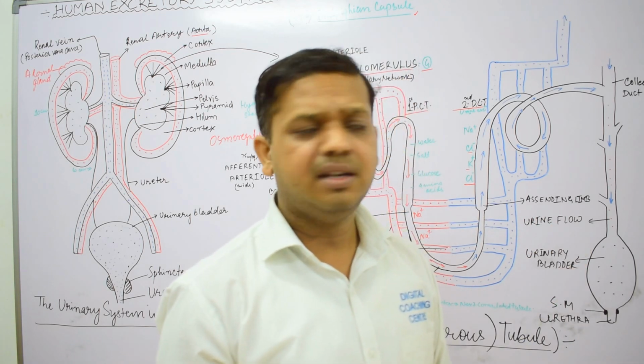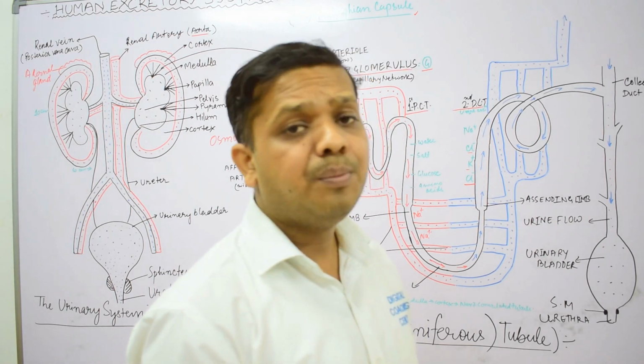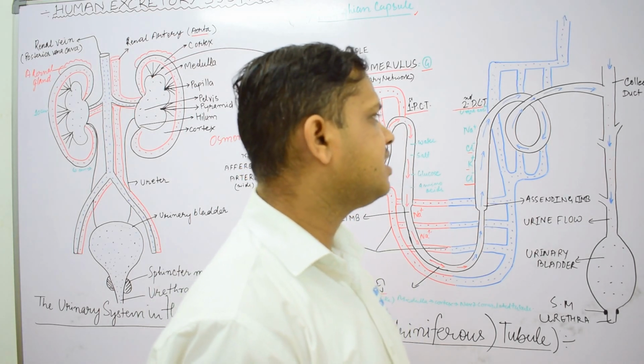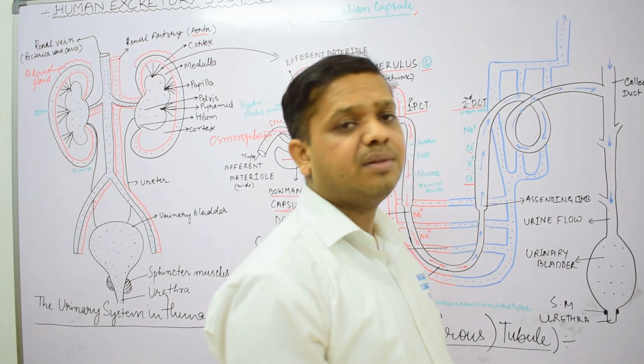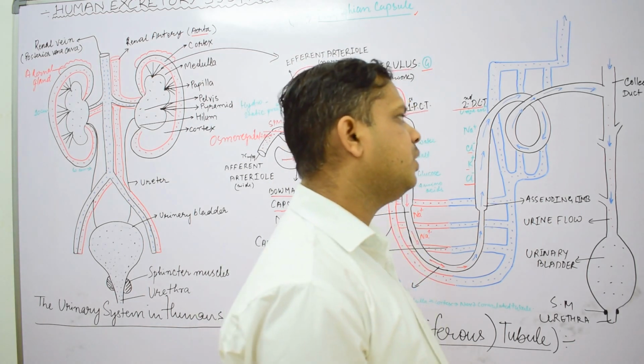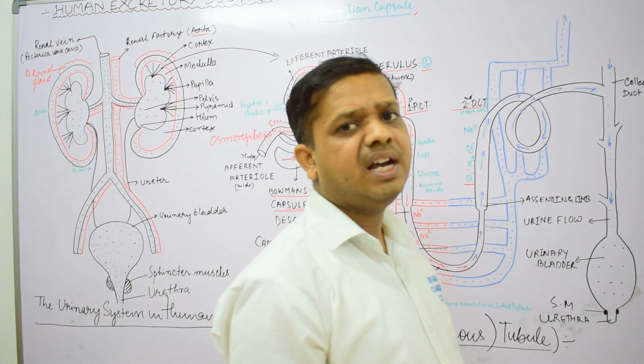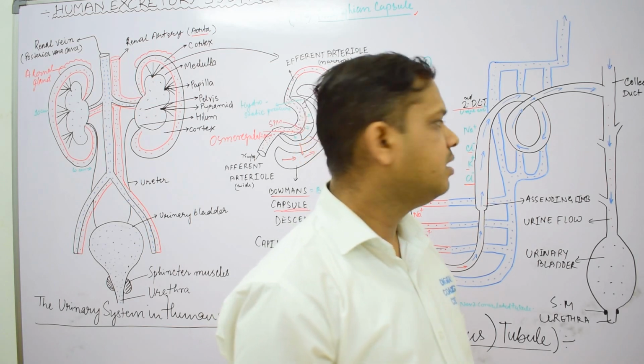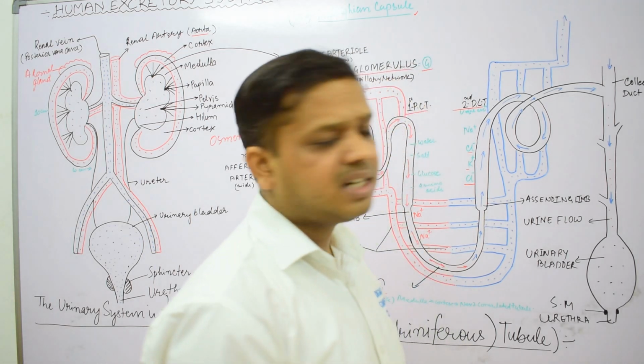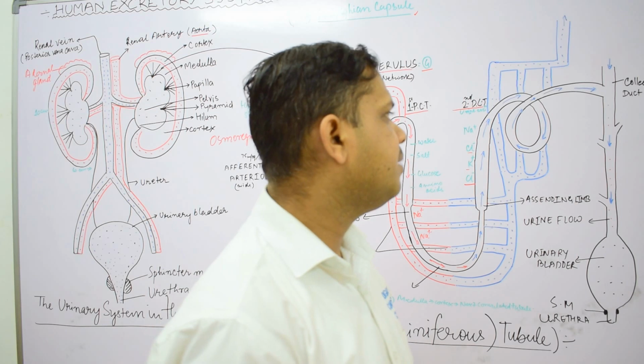NaCl is 9 grams per liter, potassium chloride is 2.5 grams per liter, ammonia is 0.6 grams per liter, and other components are 2.5 grams per liter.